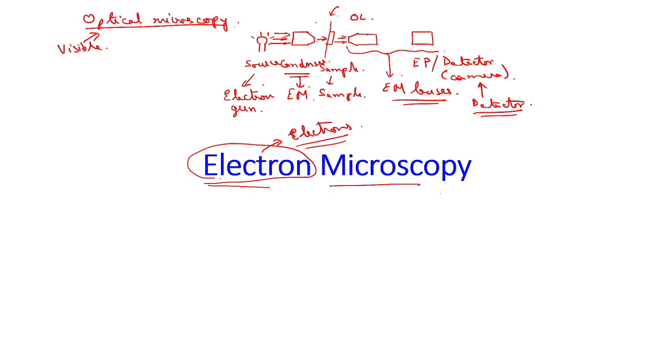Now this microscopy, in our case we called it upright microscopy or inverted light microscopy. So basically how the light is interacting with the sample, the light is getting transmitted. So in other words, we can say that this is a transmission optical microscope.